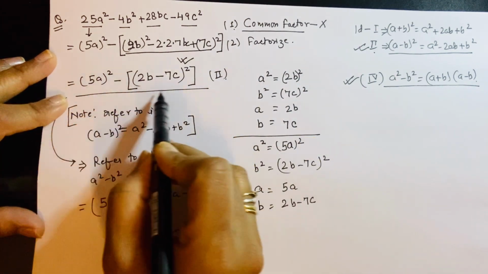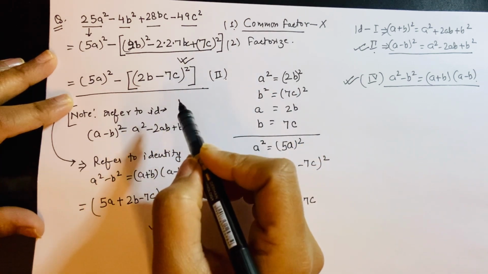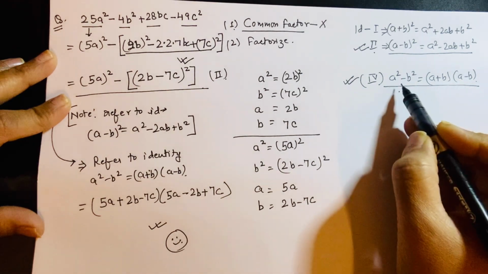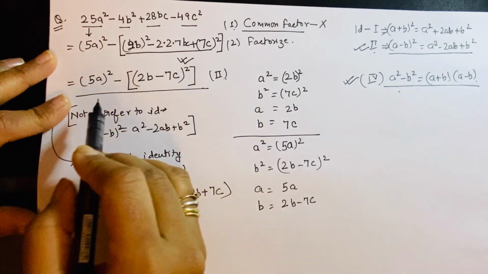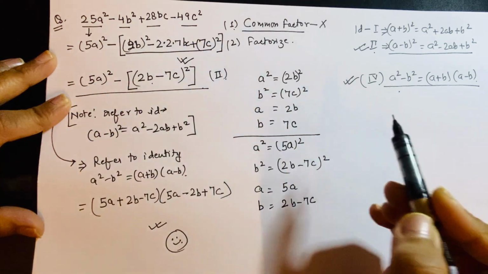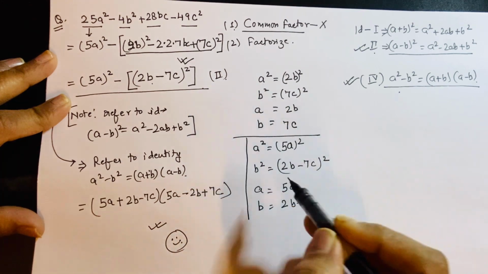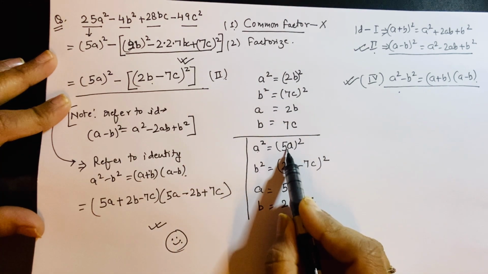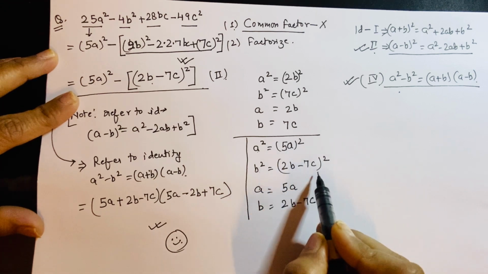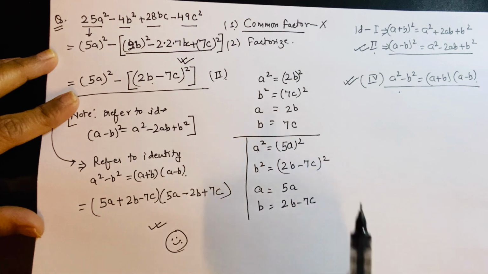And after we have reached this stage, we again study that, taking the help of identity number 4, that is a square minus b square, you can consider this as a square and this as b square. So you'll again write, so that you do not make any mistake, a square, b square: the value of a square will be 5a whole square, and similarly the value of b square will be 2b minus 7c whole square.